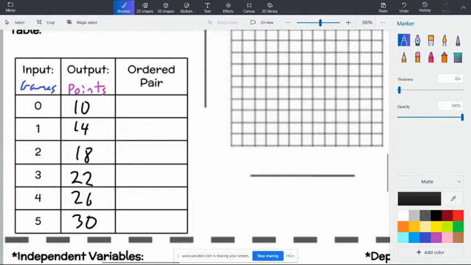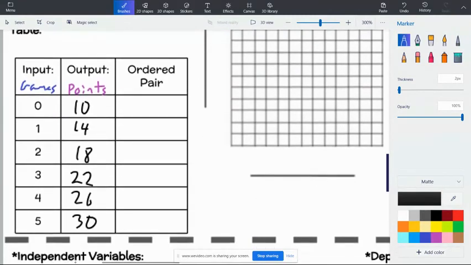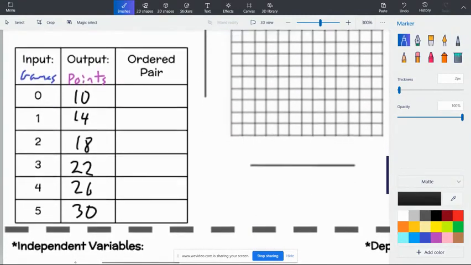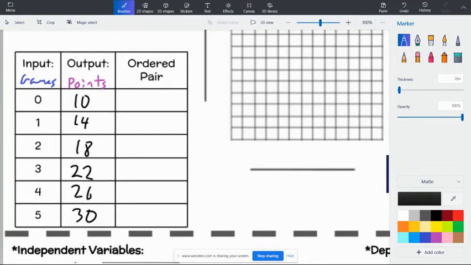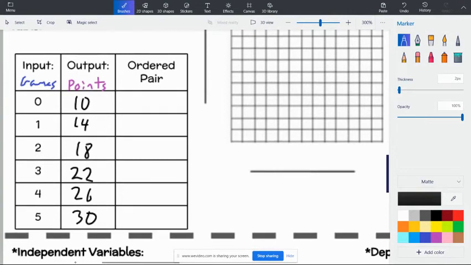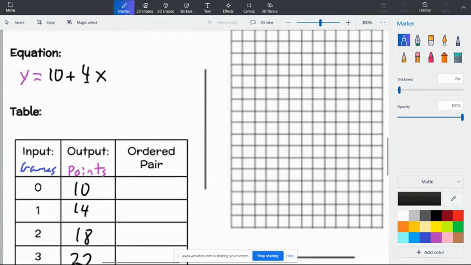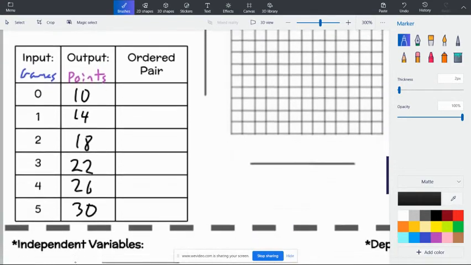I want you to look at the output, see if you can see a pattern there. The pattern I'm seeing is that each time the input goes up by 1, the output goes up by 4. 10, 14, 18, 22, 26, 30. 0, 1, 2, 3, 4, 5. And that makes sense because your rate of change is 4. It's going up by 4 each time.